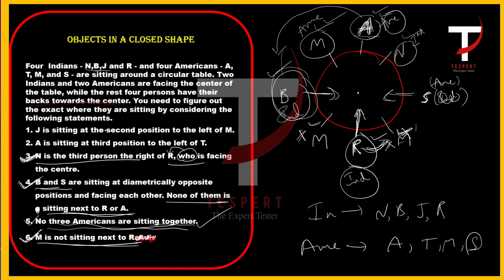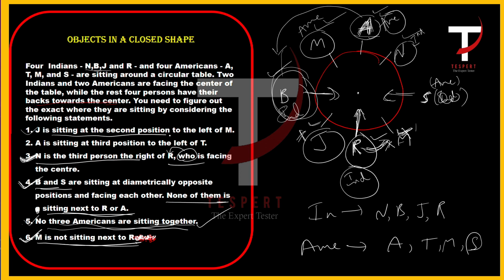J is sitting at the second position to the left of M. So consider statement 1. Who is left of M? J is sitting at the second position to the left of M. So where is J? This is the only place where we can put J. Why?